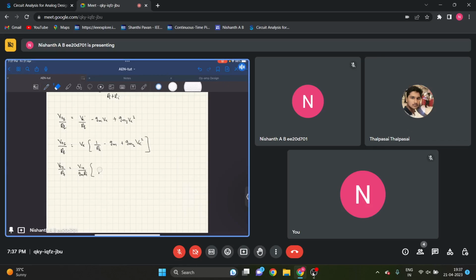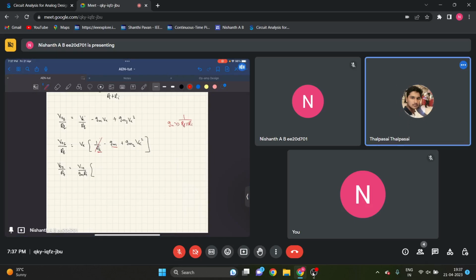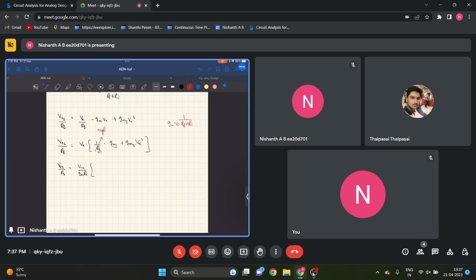We'll neglect 1 by Rf when compared to Gm, because we know Gm has to be greater than Rf parallel Ri. So this is neglected.